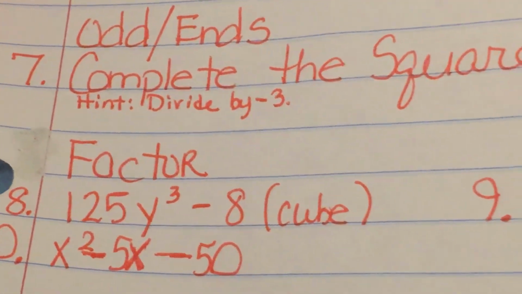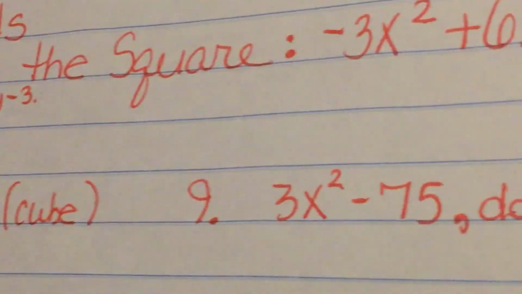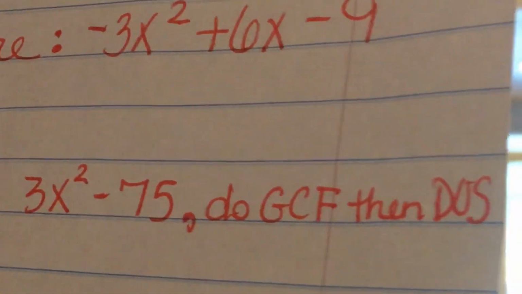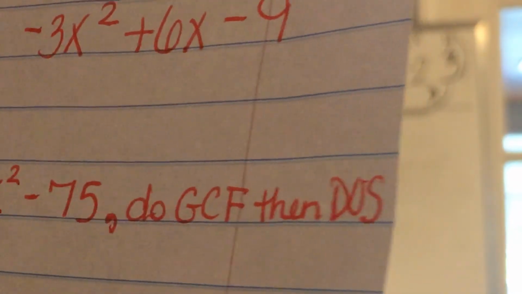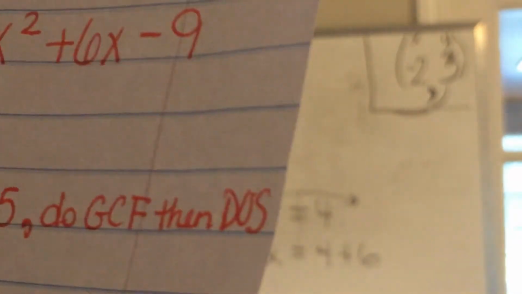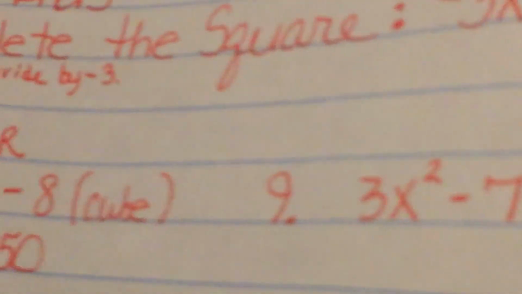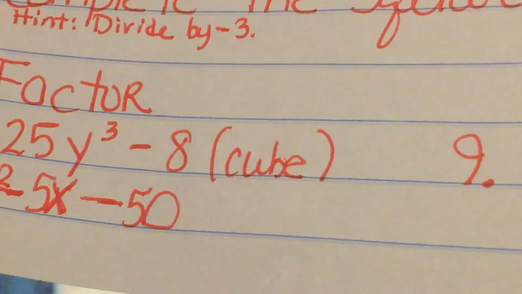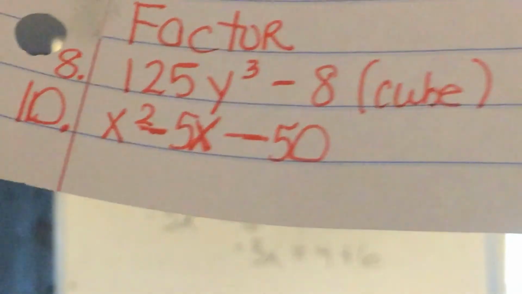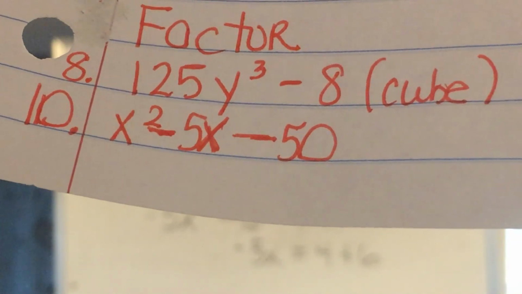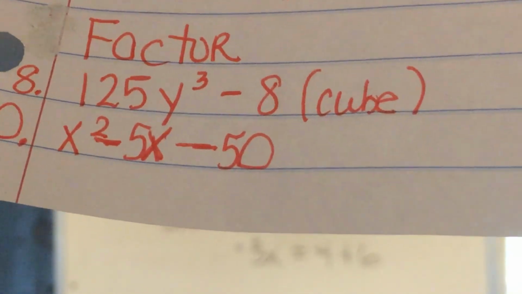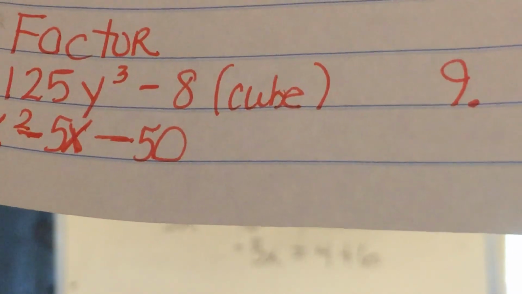So look, complete the square. And then it's negative 3x squared plus 6x minus 9. All right. And it gives you a hint that you need to divide by negative 3. Oh, a few factoring problems. 125y cubed minus 8.